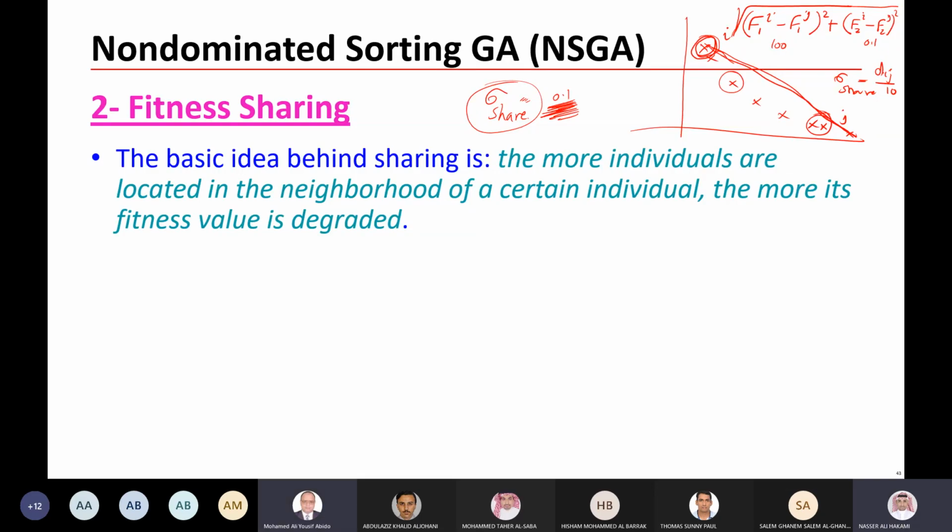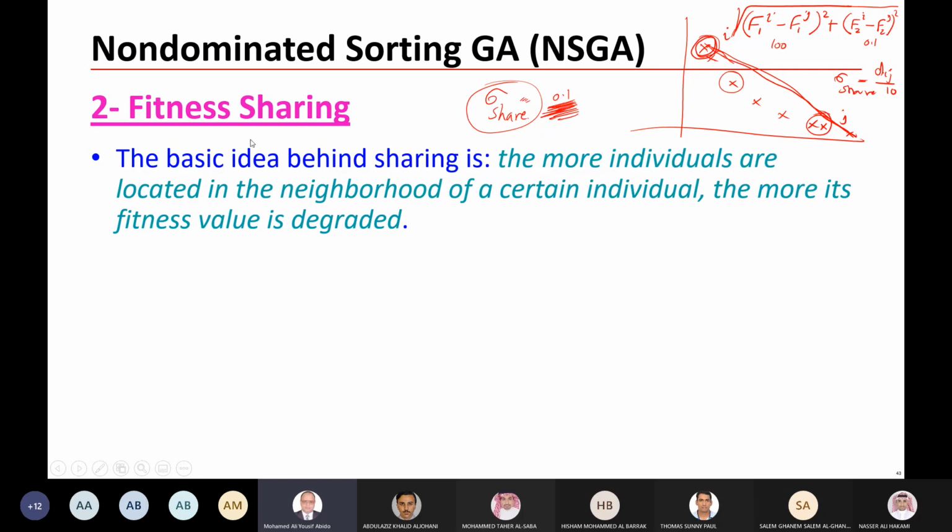In simulated annealing, we define the move, or we define the neighborhood, and you create a trial solution within the neighborhood of the current solution.